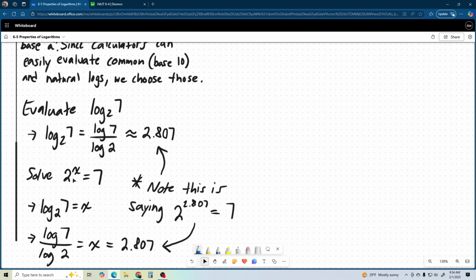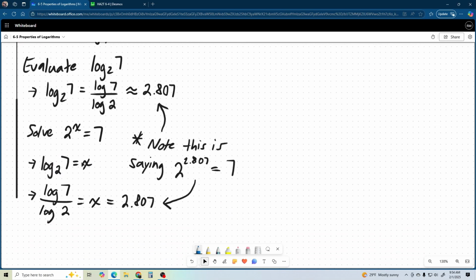But let's go ahead and just put this into log form, right? So this is a base of 2, right? Our log is our exponent, so base of 2, and then the x goes here, right? And then our result is what the log base 2 is, so log base 2 of 7 equals our exponent, which is x. So log base 2 of 7 equals x, right? Now what we can do is we can say that log of 7, base 10, over log base 10 of 2, right?